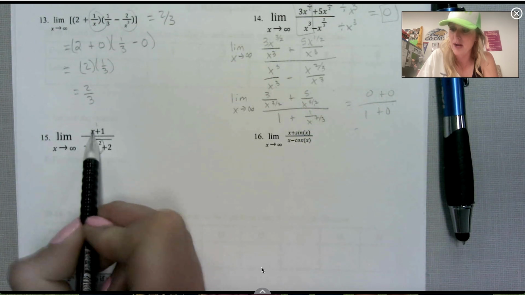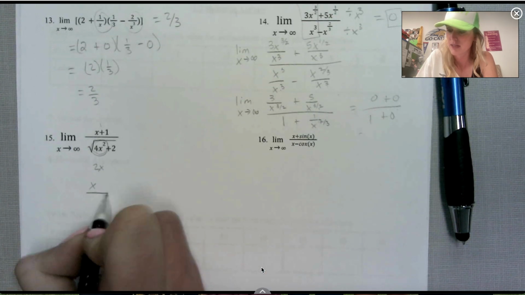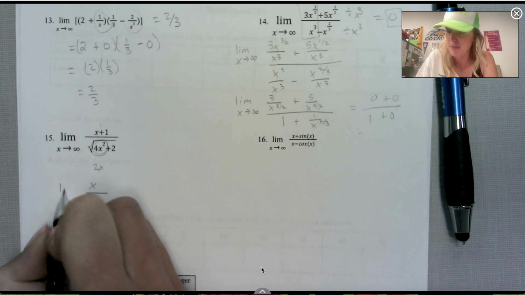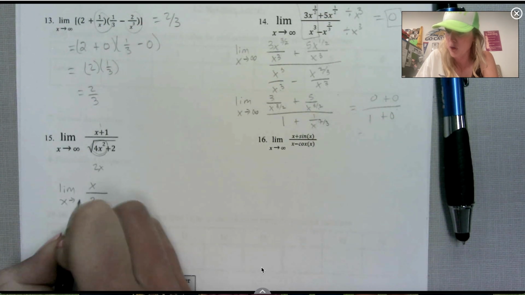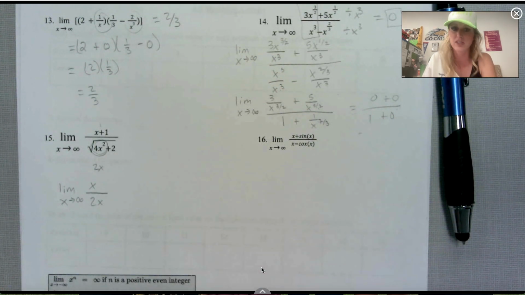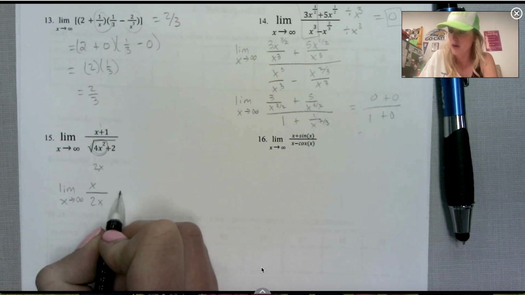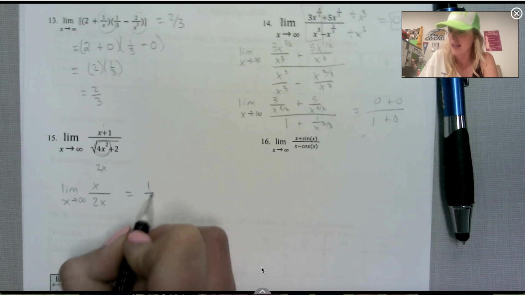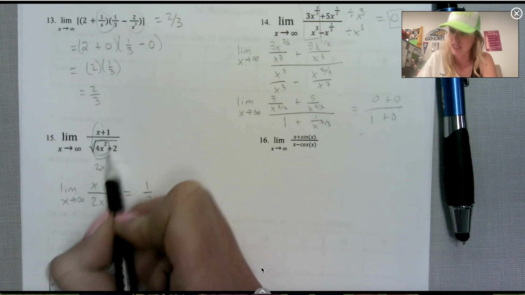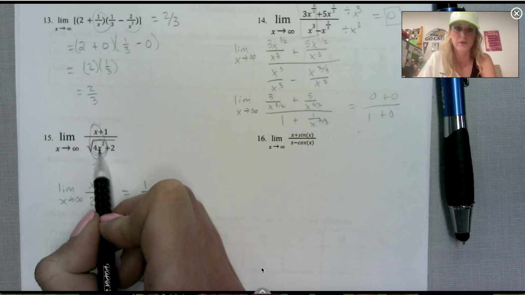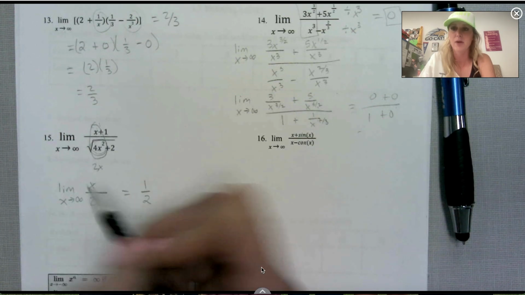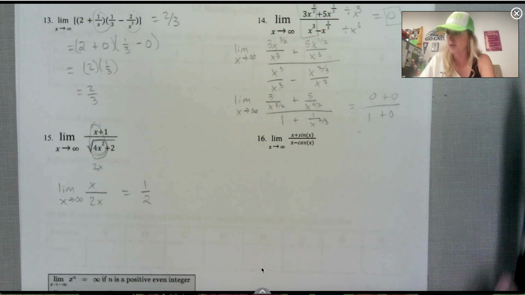So if I compare x to 2x, if we're just finding the limit as x approaches infinity, remember all the constants are just going to end up going to 0, okay? Well, x divided by x is 1, so we're going to end up with 1/2. So again, we can look at those leading powers, the highest in the numerator versus the denominator, and just look at those to find our limit.